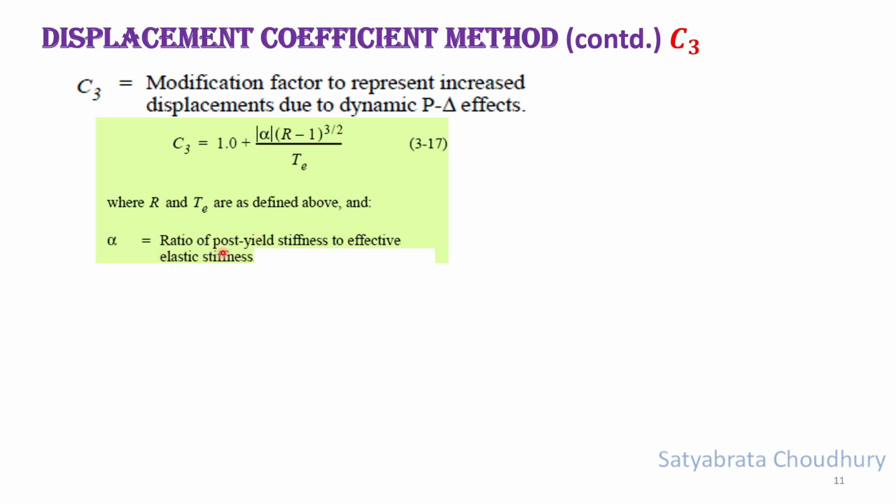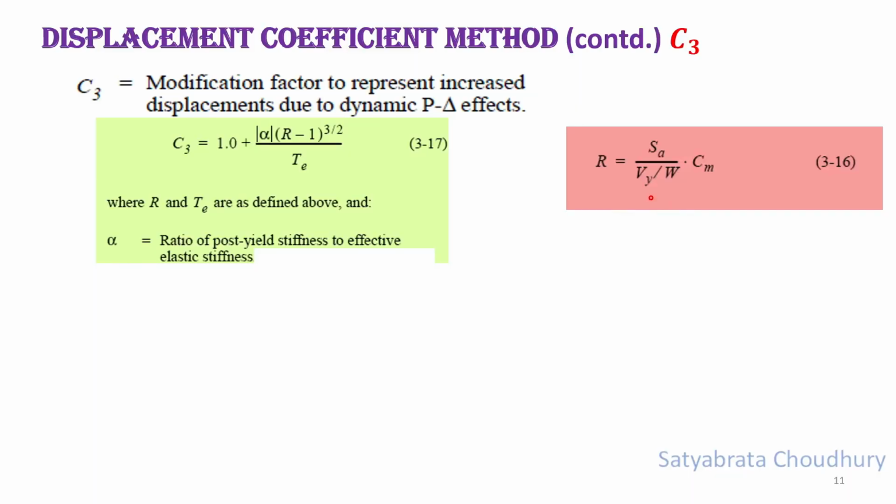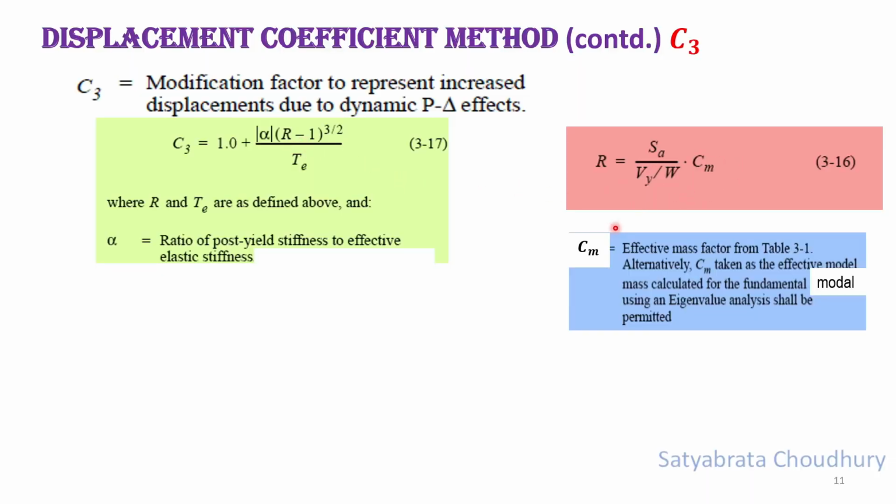After the yield point, the stiffness is reduced and the line is inclined at a lower angle, so the post-yield stiffness is lower than the initial stiffness. If you take the ratio of the stiffness after yield to the stiffness before yield, you get the ratio alpha. And the strength ratio used here, we have already discussed earlier, is again shown by the expression.